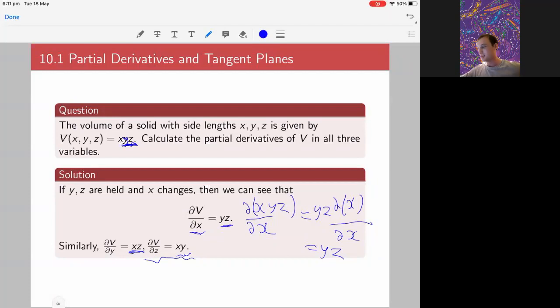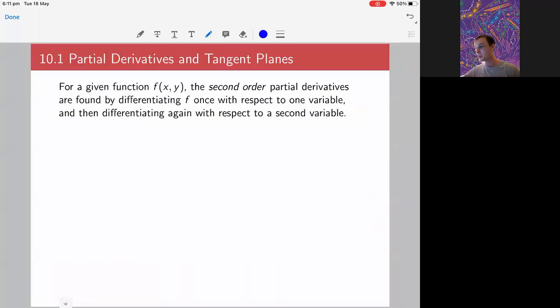What about, can we go higher than that? Yes, we can. Just in the single variable case, we can take first derivatives and second derivatives. But what's interesting about the multivariable case is that you can start having mixed derivatives. So you can have derivatives where you differentiate with respect to one variable and then differentiate with respect to the other variable.